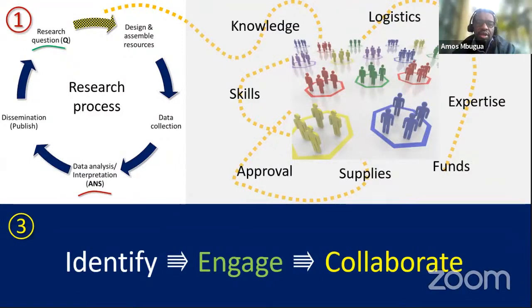And so that really is the point of this presentation today: to identify the various stakeholders that are critical for us to be able to have more impactful research, to engage meaningfully, and to establish collaborative activities.